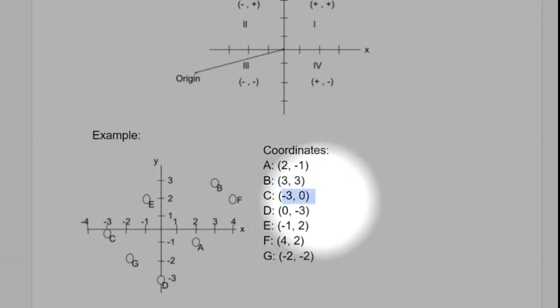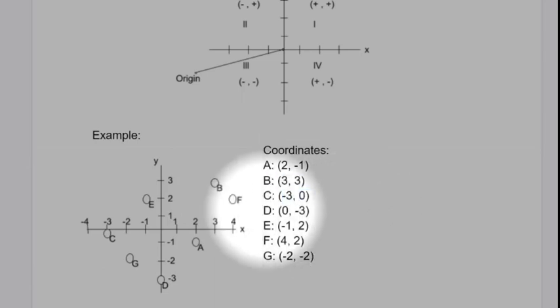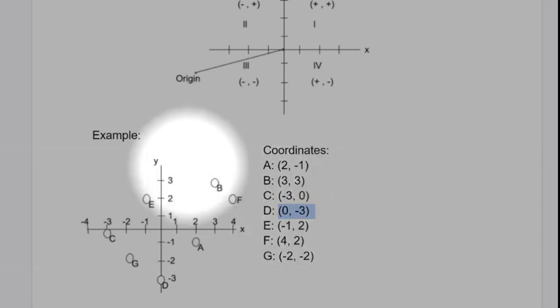So that means that we have an x-intercept, but we do not have a y value. So that means that negative 3 is right here, and there's no y. Then you have 0 and negative 3, so that means that there is no x value. There's only a y value or y-intercept. So on negative 3 for y, you're going to go down and you're going to plot D over there.